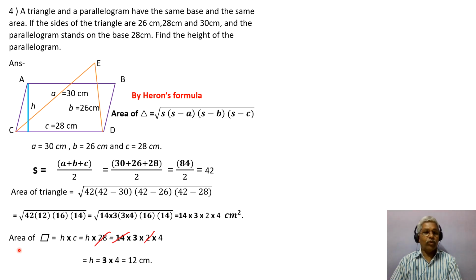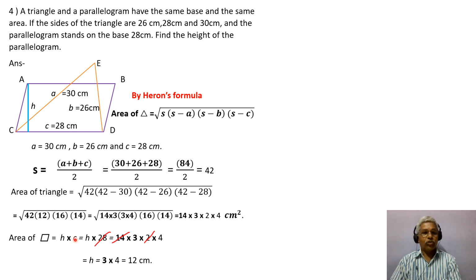So area of parallelogram. This is the area. We are not actually doing the multiplication, keeping it like this only because we have something to do with this. So area of parallelogram equals h into c, and we know c is 28.